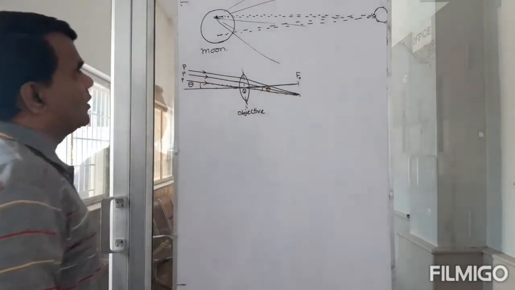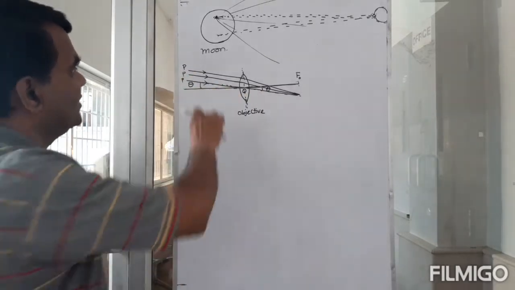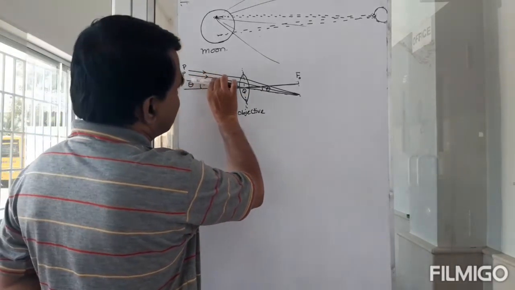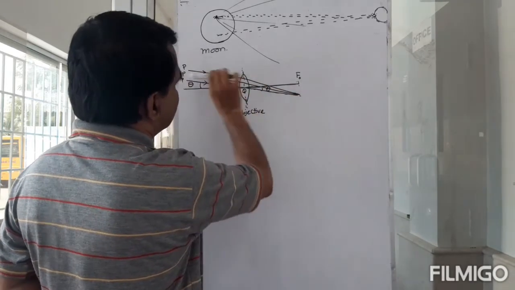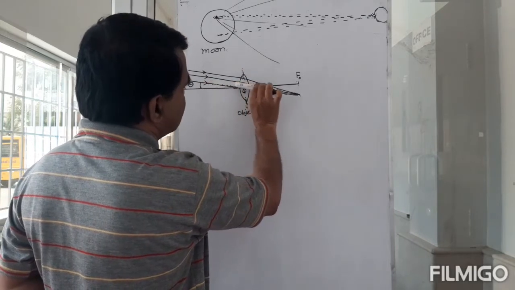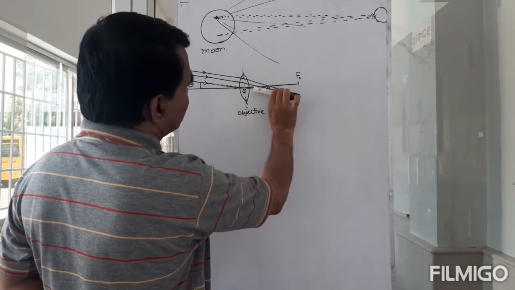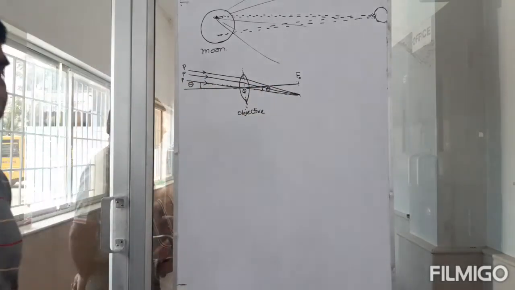This is theta, this will be theta, because this line goes to the optical center, so it will go undeflected. All these other rays will be deflected slightly, but this will go straight. So this angle must be the same as this angle.